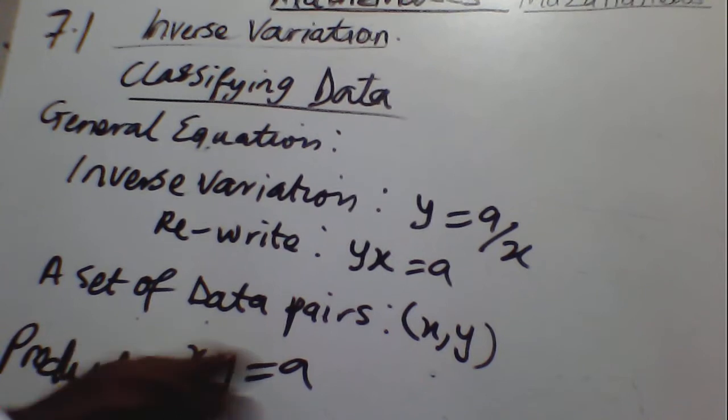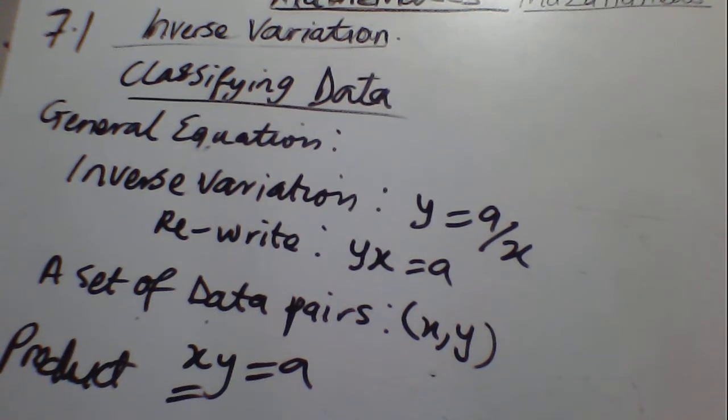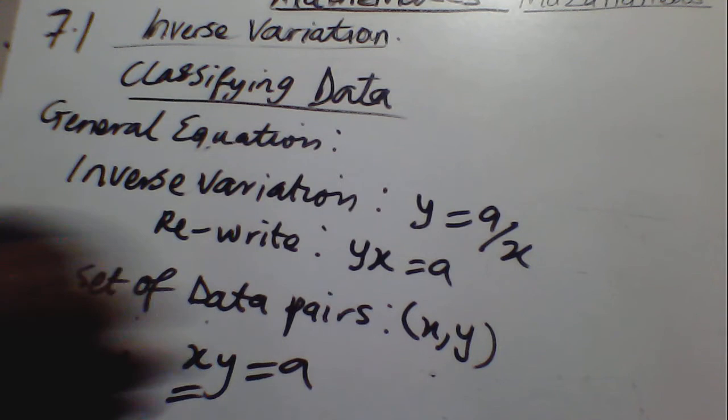If it is a constant, that is, if you multiply x with y, the result is always equal to the constant, then we say that that set of data pairs are in what? In inverse variation. So let's quickly do some examples for you to understand what I have said.